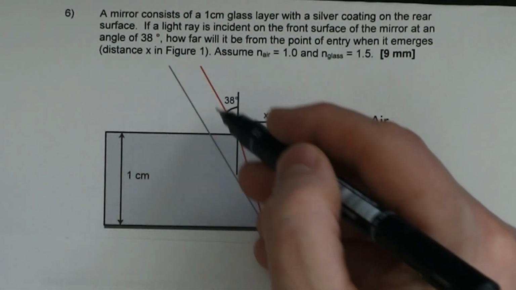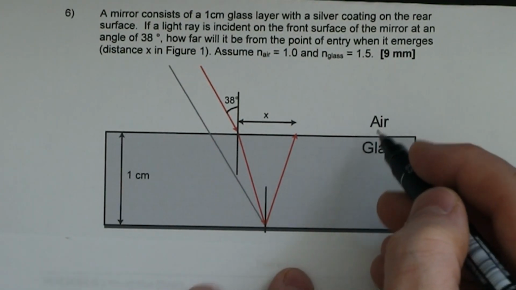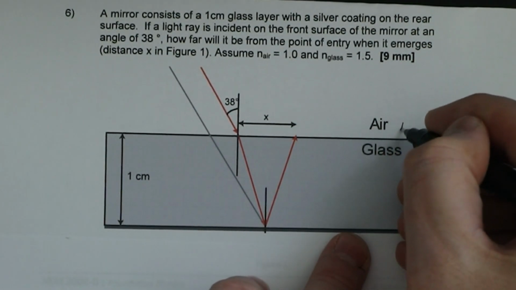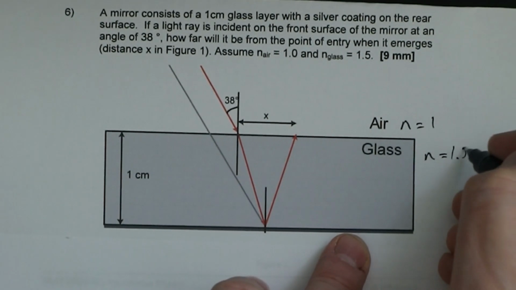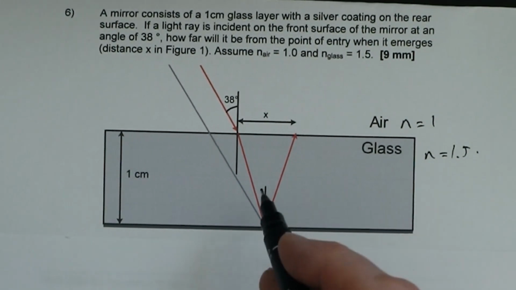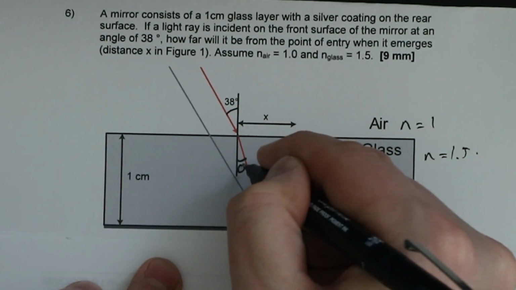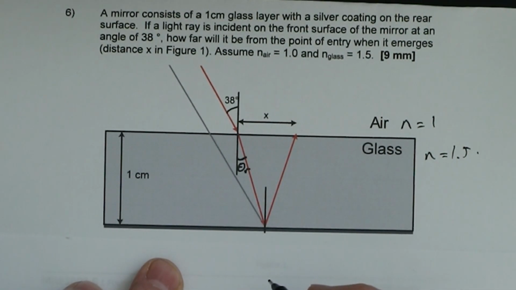Well, we know that this ray is entering at an angle of 38 degrees, so if we understand the refractive indices of these two materials, which are given in the question, so air n equals 1 and here the glass n equals 1.5, then that gives us the information we need to calculate what the angle is here, which is theta r, our refracted angle on the diagram here.